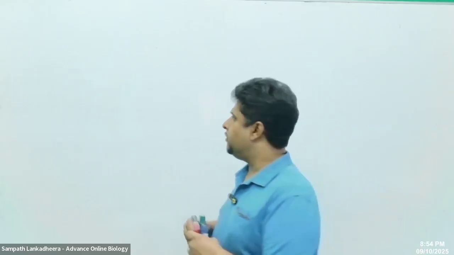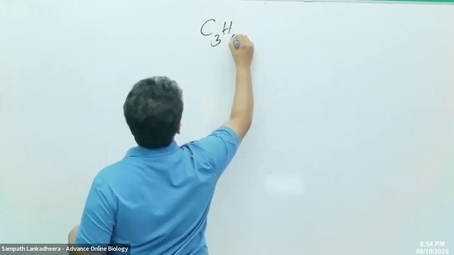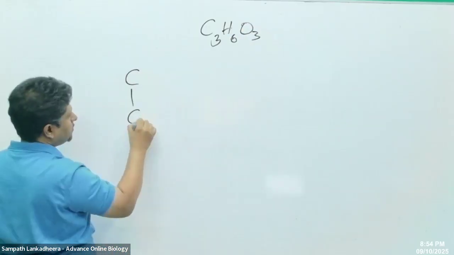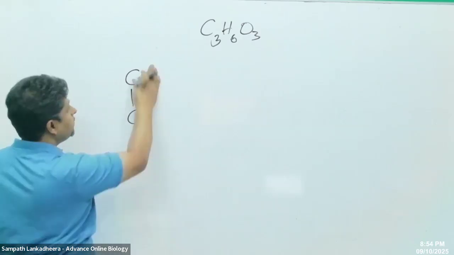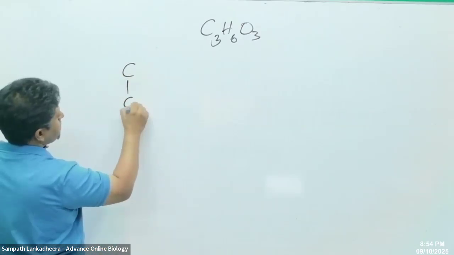But you learn, people, when you say a monosaccharide, let's take C3H6O3. According to this formula, 3 carbon atoms are available.